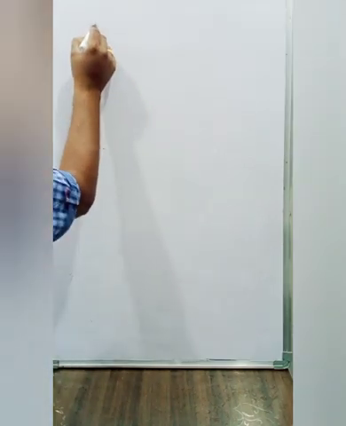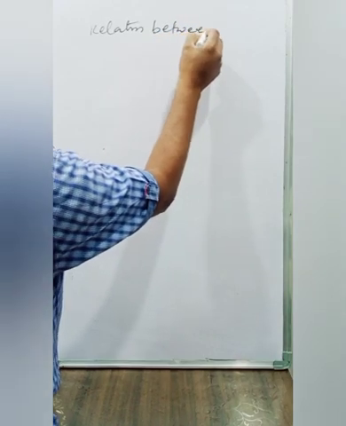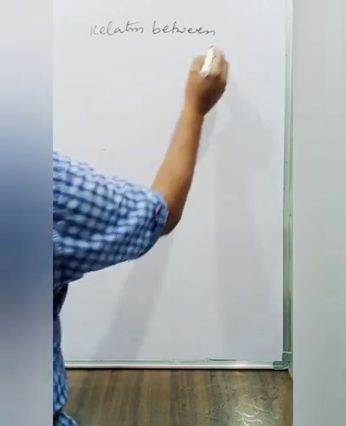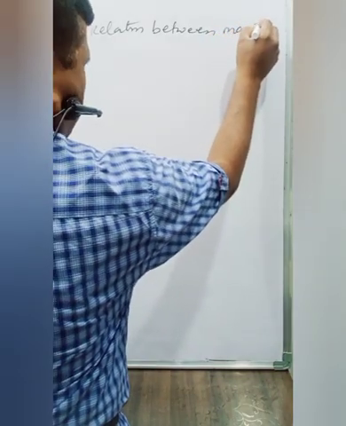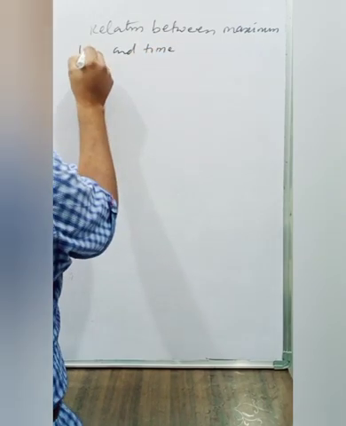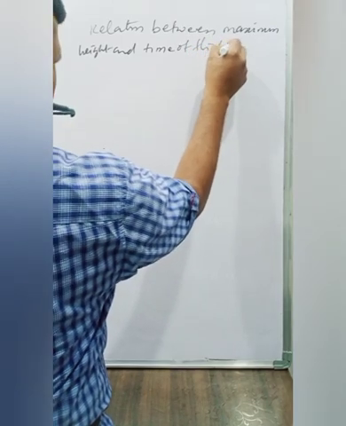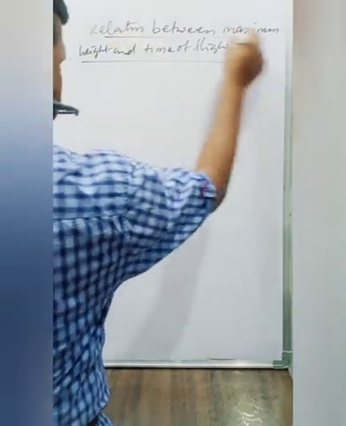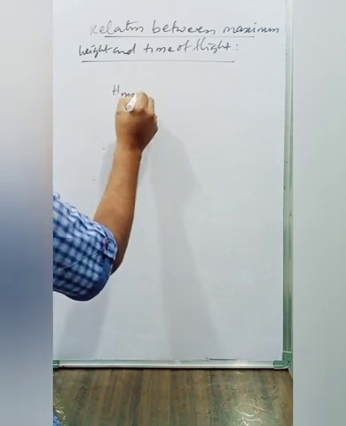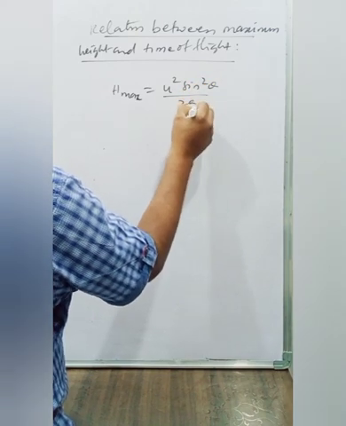Relation between maximum height and time of flight. We know that maximum height h maximum is equal to u square sin square theta by 2g.